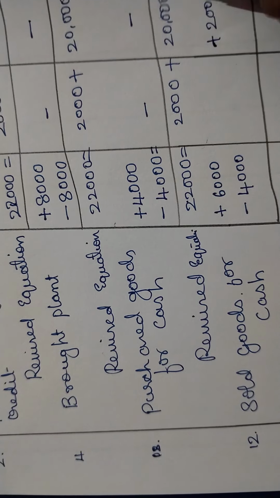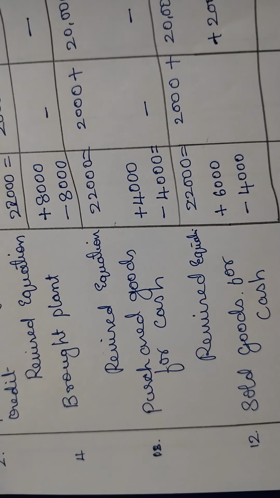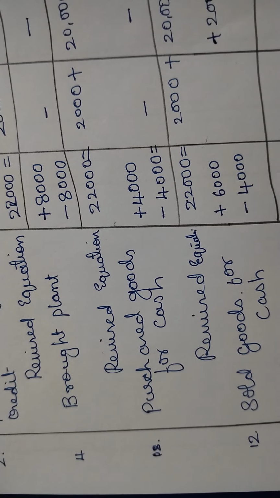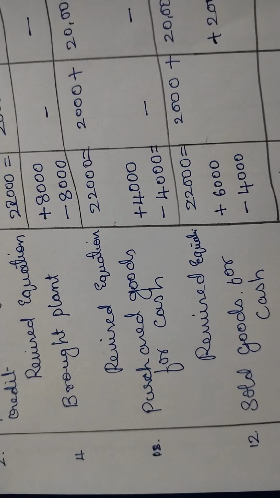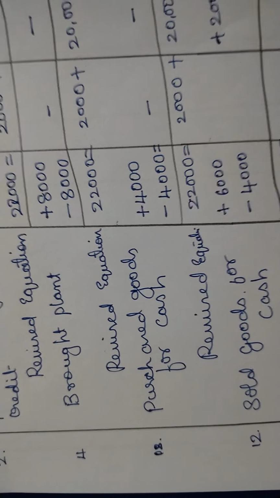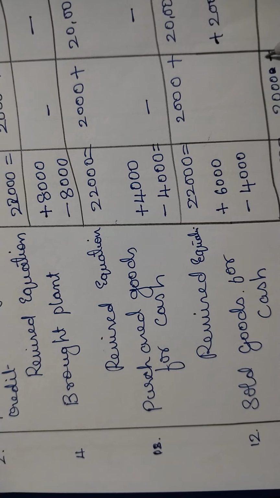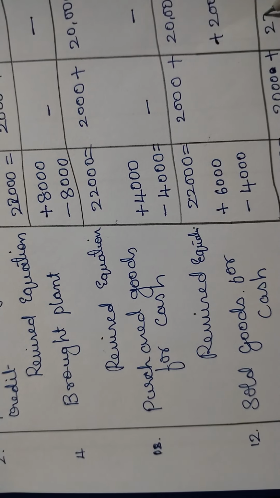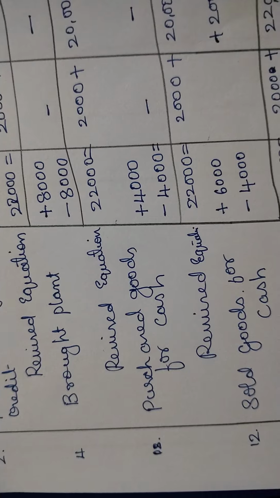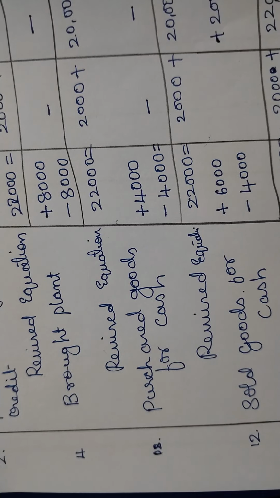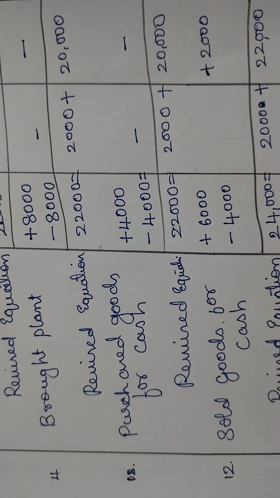The profit is 2,000. Now the revised equation is 24,000 equals 2,000 plus 22,000. 22 plus 2, 24. Your assets is equal to your liability and capital.